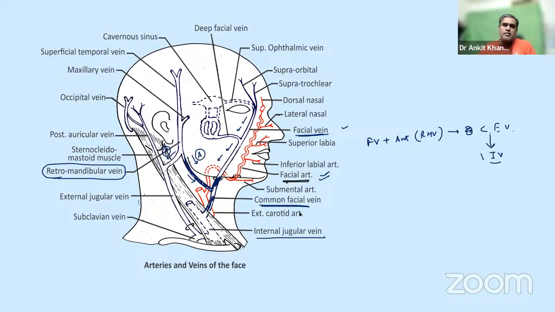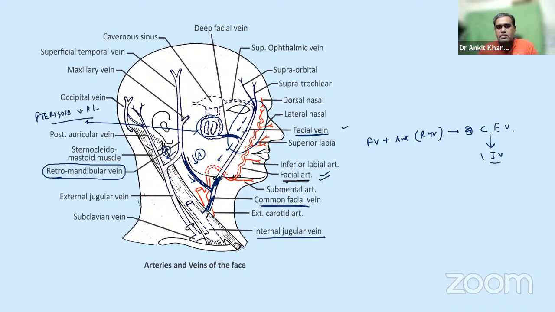Now coming to the deep facial vein. Look at the upper part of the facial vein. We have this deep facial vein, which goes from the facial vein to this plexus. What is this? This is the pterygoid venous plexus.